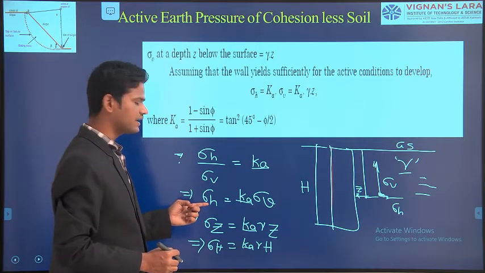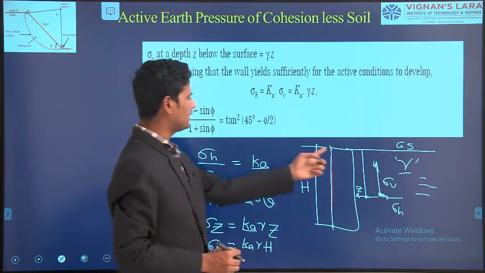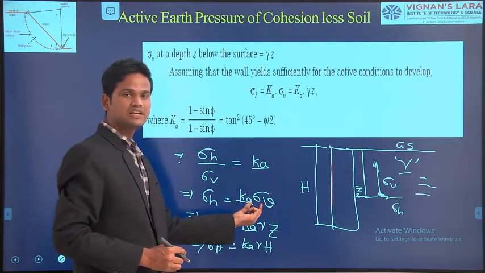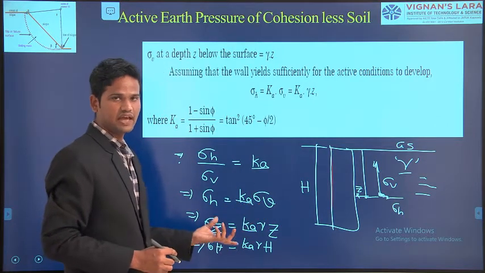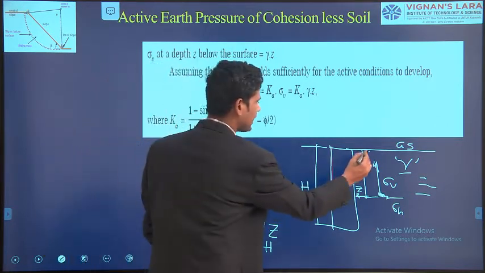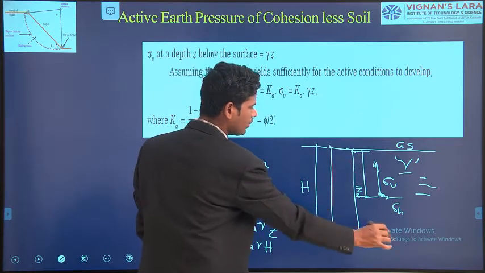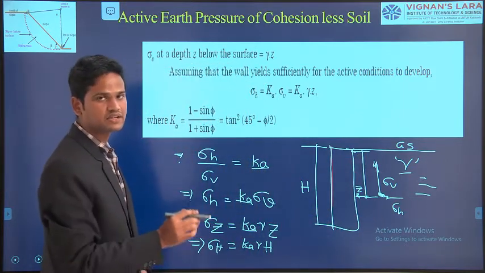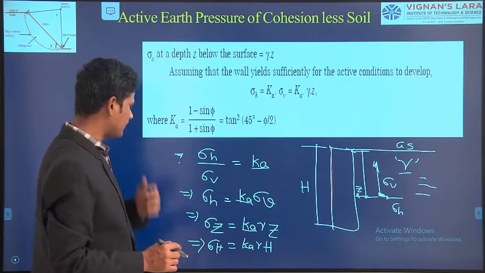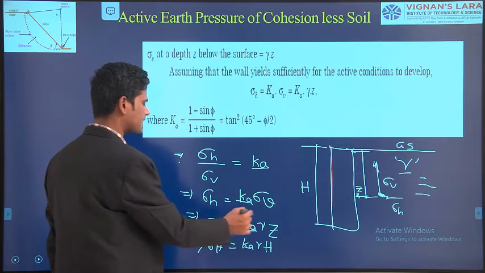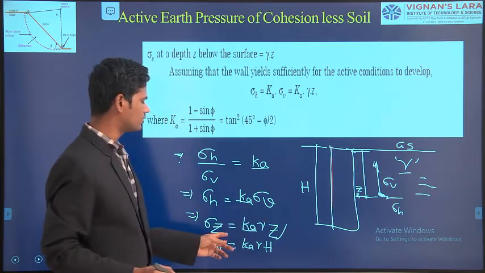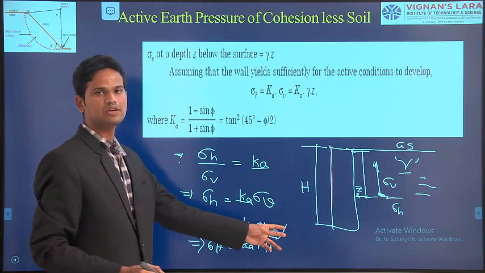The horizontal pressure at a particular depth will vary as the vertical pressure varies, from the ground surface going deeper into the soil strata. The horizontal pressure at depth z equals Ka into gamma into z.